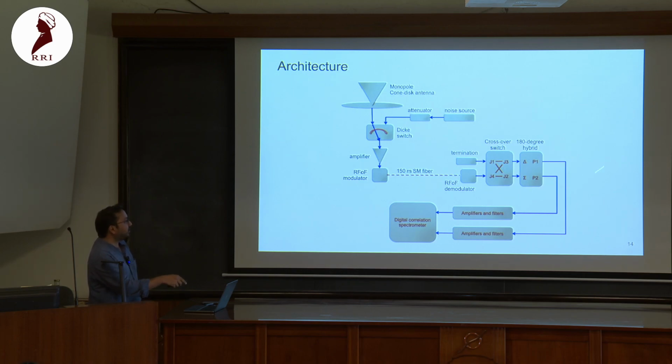At the other end, we have some filtering stages that restrict our band, and a digital cross correlation spectrometer that computes the Fourier transform to produce the sky spectrum. The impedance mismatch arises right at this stage because we want our antenna response to be very smoothly changing, which means it should not have resonance peaks or sinusoidal ripples. That's where most of the antennas fall short, so we again go with very non-conventional designs.